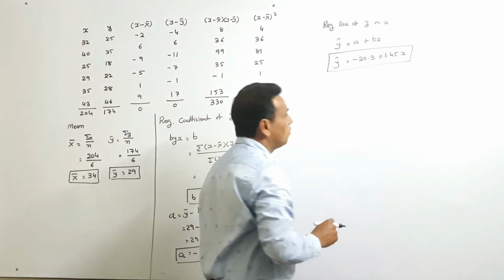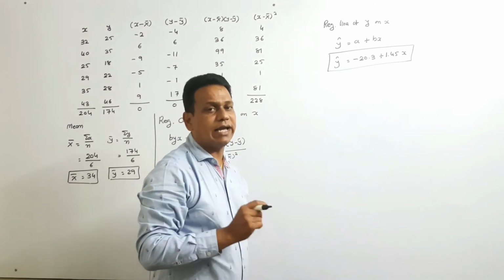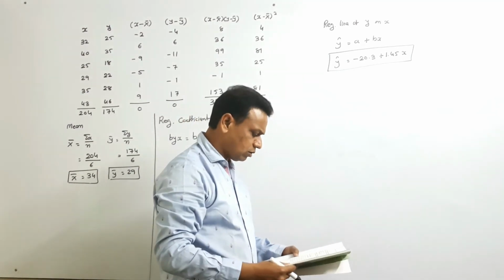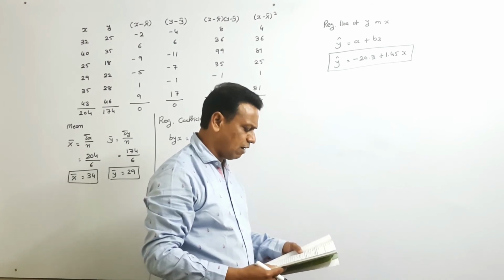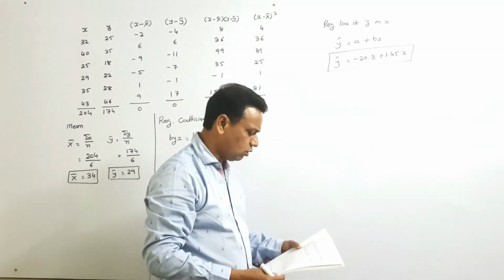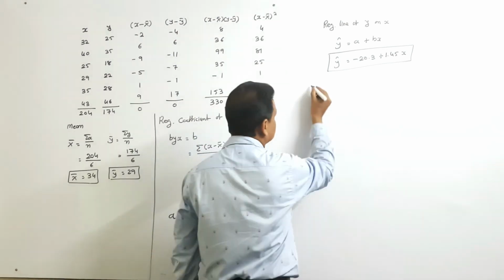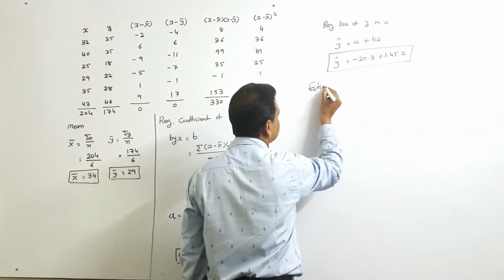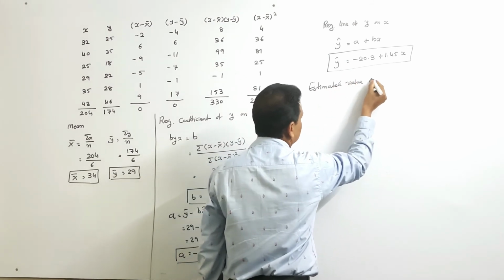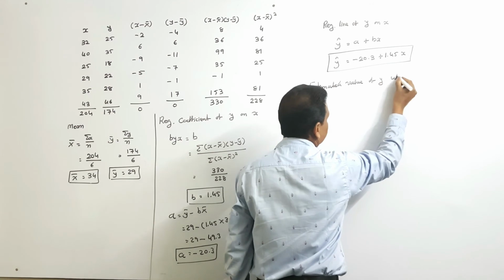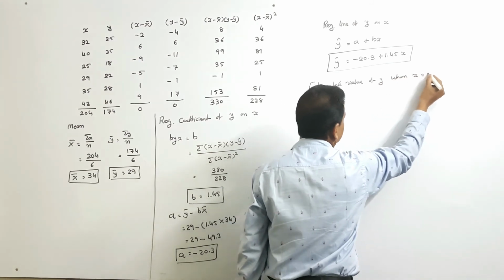Okay. Now they are also asking to find out the estimation. For which amount? क्वेश्चन पर क्या लिखा है? If the time taken to repair a car is 50 hours, मतलब अगर x 50 हो तो आपको estimate करना है. We will write the estimated value of y when x is equal to 50.